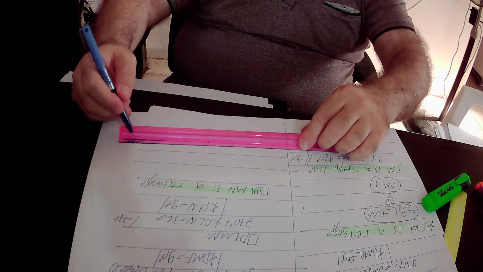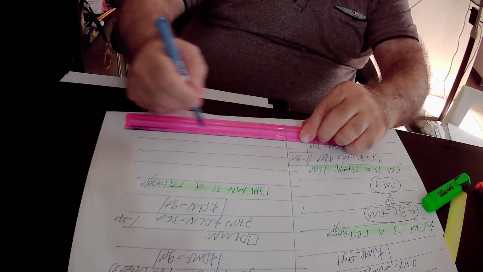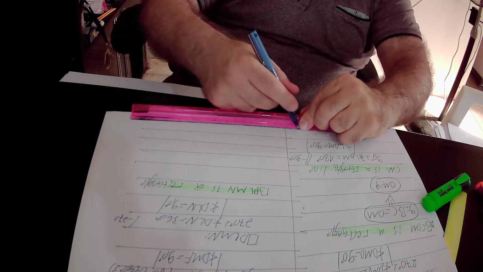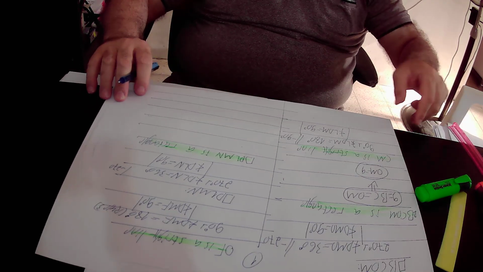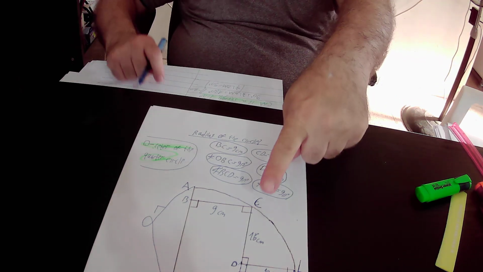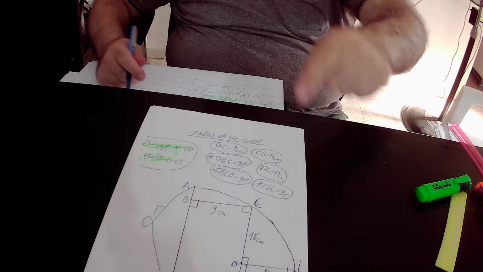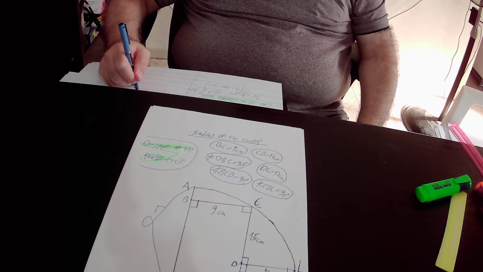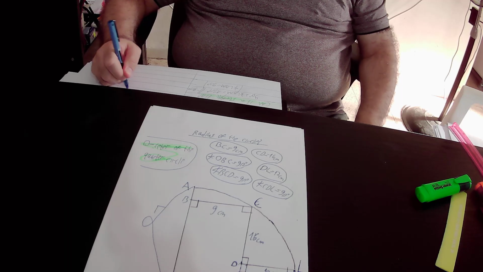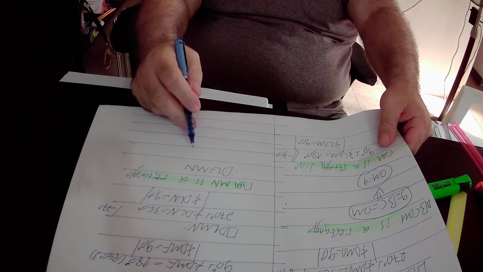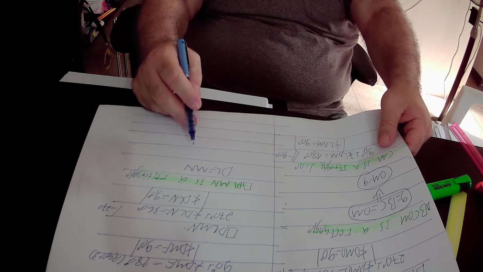And we know that the opposite sides of a rectangle are equal to each other. The opposite sides of rectangle DLMN are equal to each other. That is to say, side DL equals side MN, according to the rule that the opposite sides of a rectangle are equal to each other.